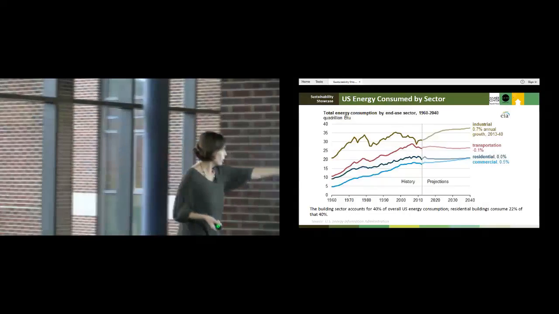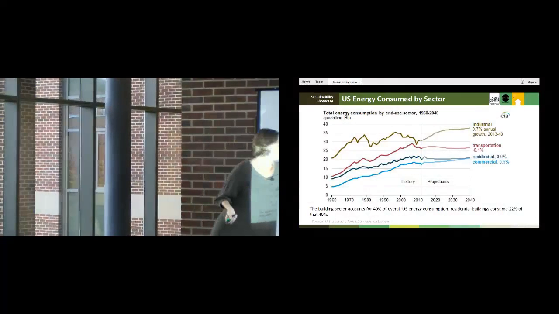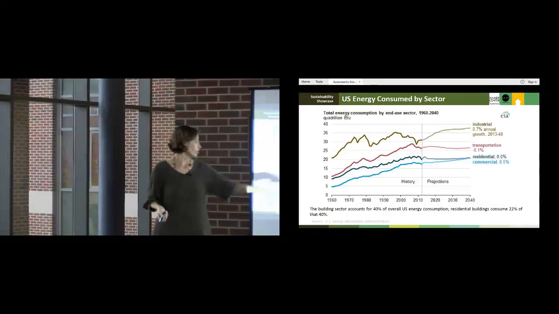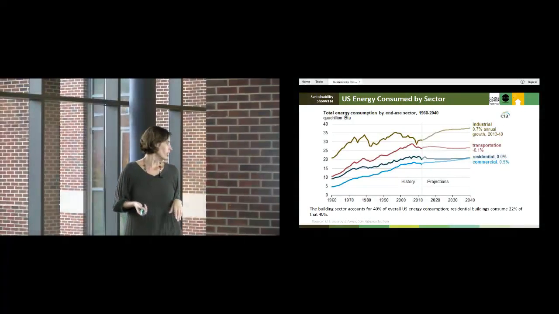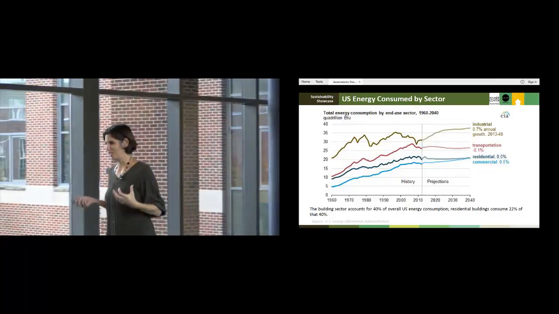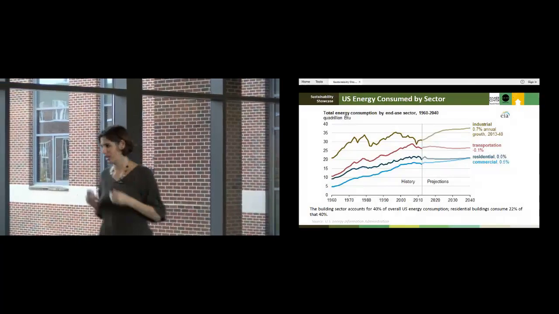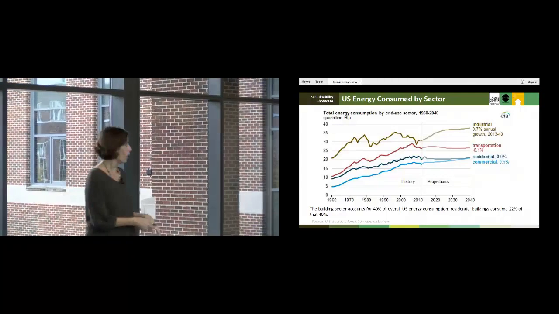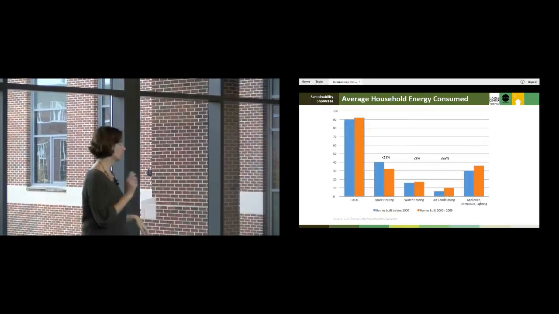So we see things go up a little bit, but then essentially level out. But collectively, we're still seeing a lot of energy going to the building sector, resulting in a lot of greenhouse gases related to climate change, et cetera.